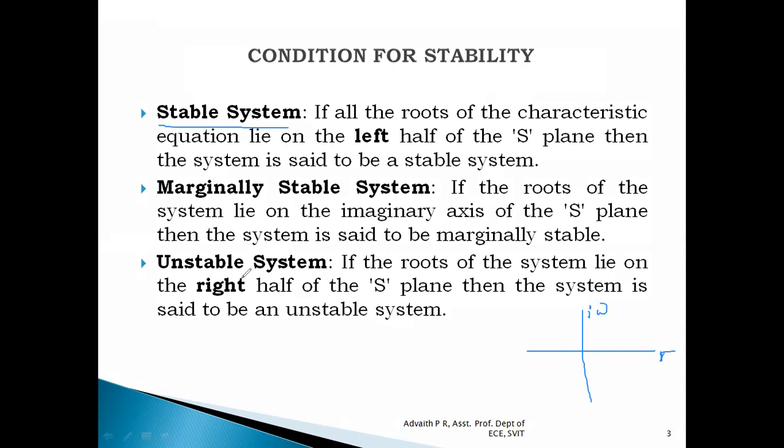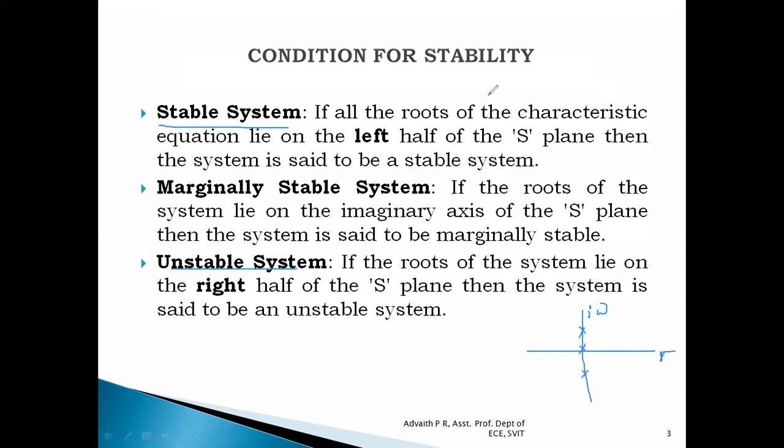Similarly, a system is said to be unstable if the roots lie on the right half of the S-plane. Somewhere over here, if it lies on the right half, then those kinds of systems are said to be unstable systems. Similarly, a system is said to be marginally stable if the roots lie on the imaginary axis.